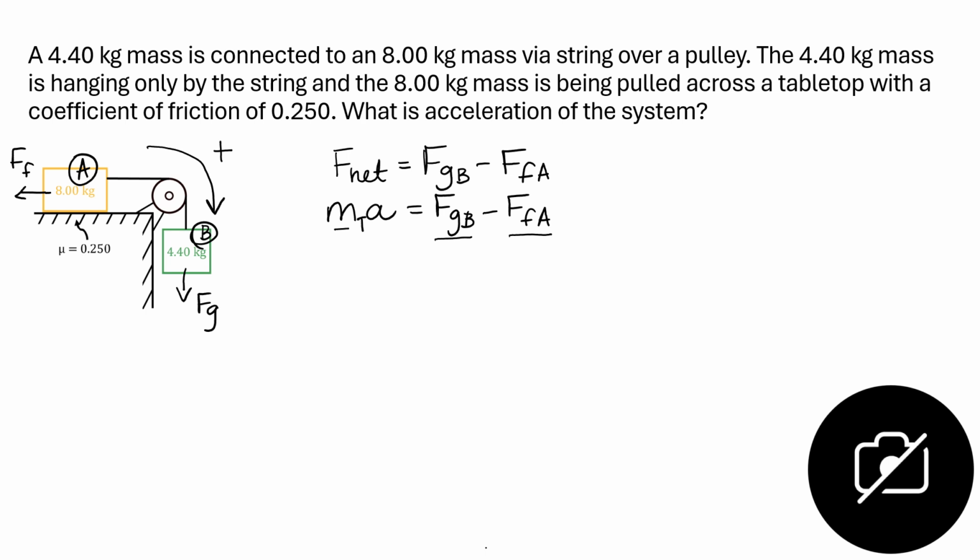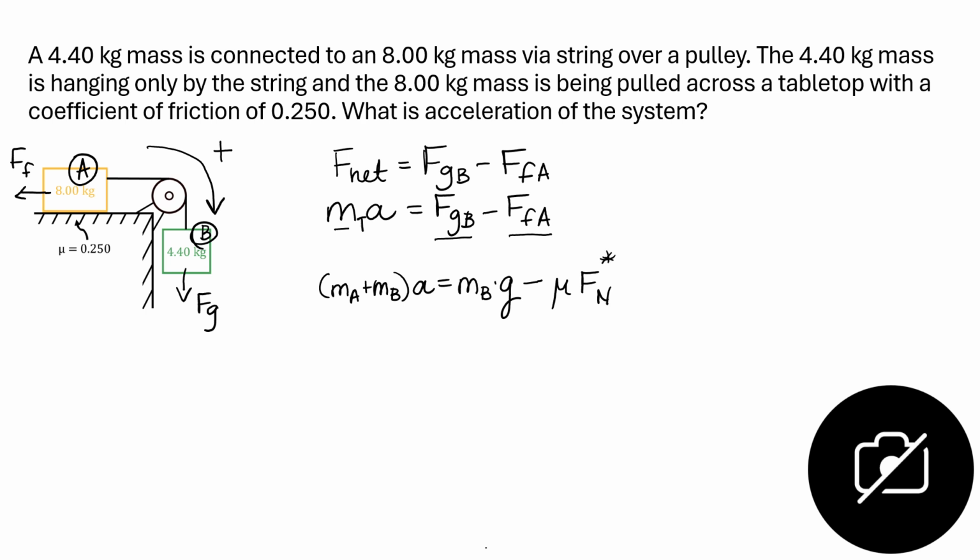So let's break that down. Total mass would be mass of A plus the mass of B times the acceleration is equal to Fg, which is mg, so mb times g, minus mu F normal.